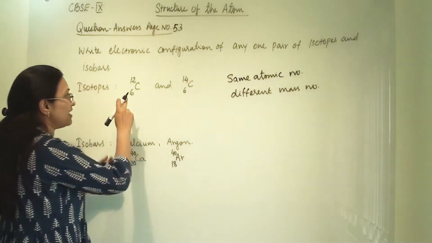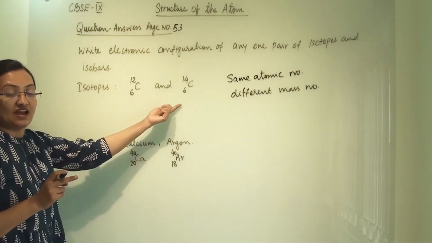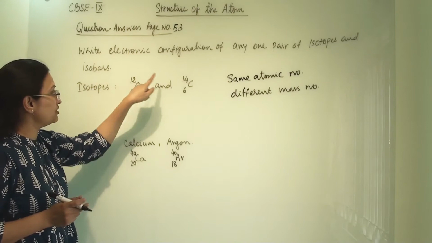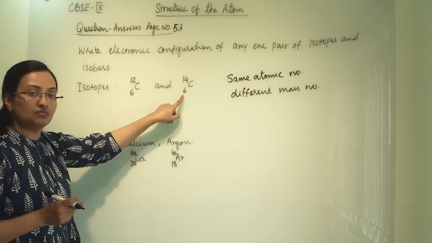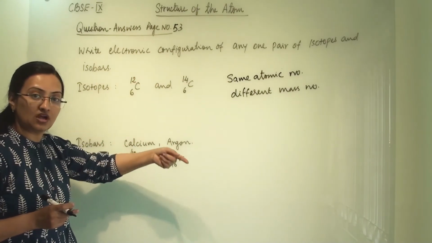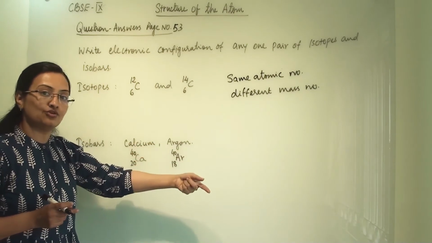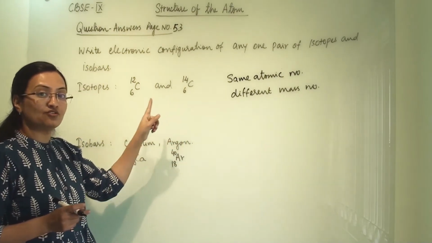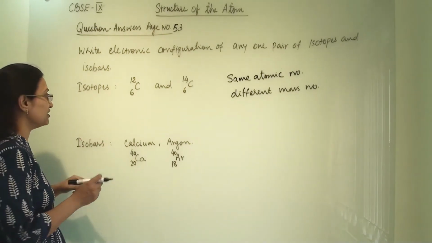It is the same element but they are having difference in their neutron count. So that's why their mass will be different but their atomic number will be same. So that's why proton count will be same and number of electrons will be same. And as they are having the same number of electrons, their electronic configuration will be same.